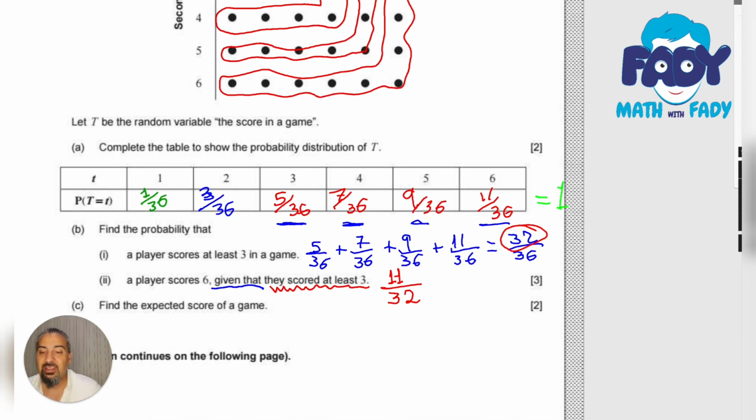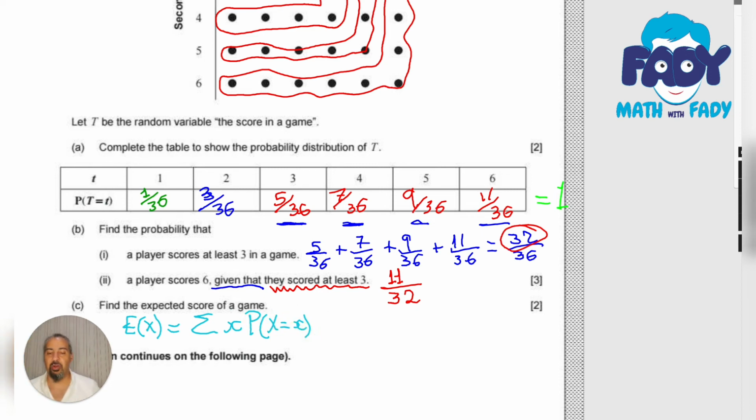Part C, find the expected score of a game. You can check the formula booklet and you will find that the expected value E(X) equals the summation of x times P(X equals x).